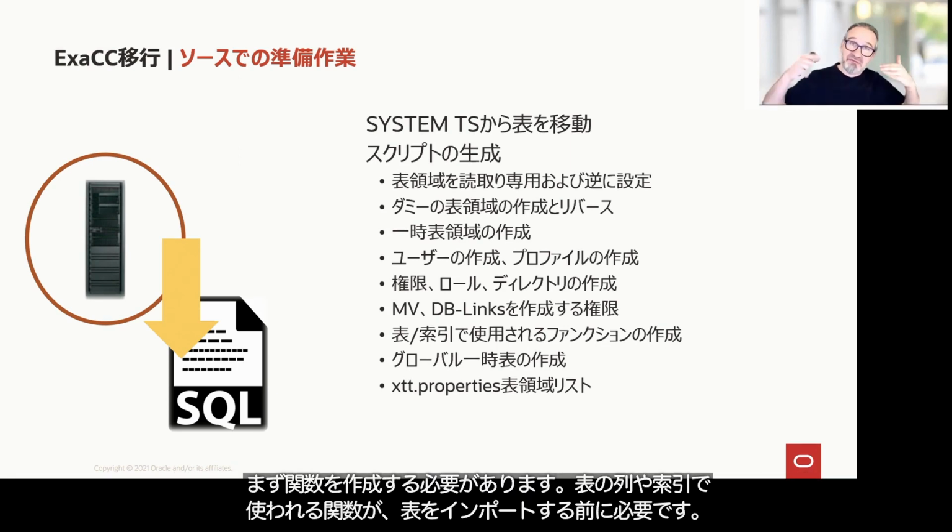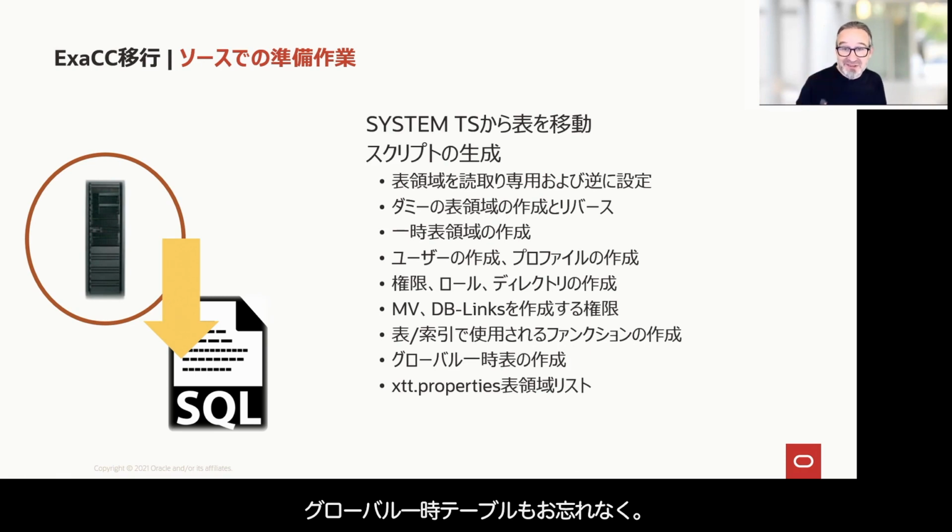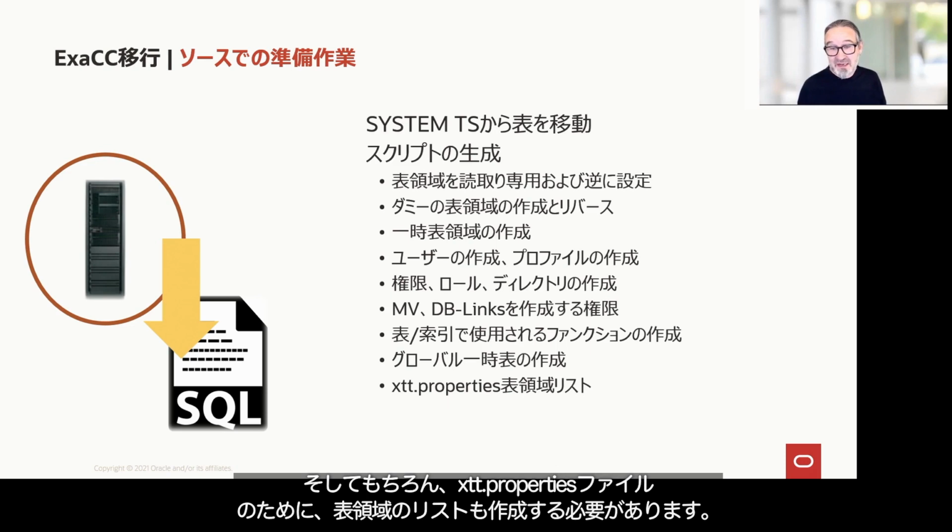You need to create a function first before you can import a table using a function in a column, same for an index. Don't forget the global temporary tables. We forgot them once. And of course, for the XTTS properties file, the table space list needs to be created as well.